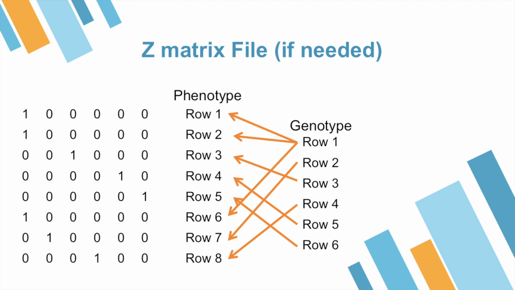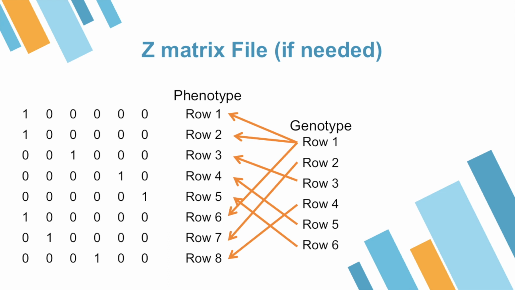So what I've done is I've given an example of that incidence matrix of ones and zeros. The Z matrix can only contain ones and zeros. If you have any other value, then Eagle will have trouble. But given that you've got a matrix that has ones and zeros, what I'm doing there is showing you how that maps the phenotype to the genotype.